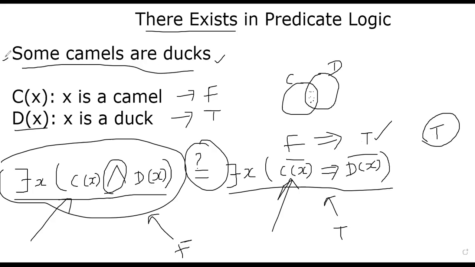This can never be true, unless some evolution theory comes and says camels are ducks, but that may be too far of a stretch. But as you can see here, you have a false statement. If you model it using C of x implies D of x, you can arrive at a true conclusion because false implies true. But if you use the left-hand side expression, you can never have that contradiction. Okay, so that's basically it. Thank you very much for your attention.